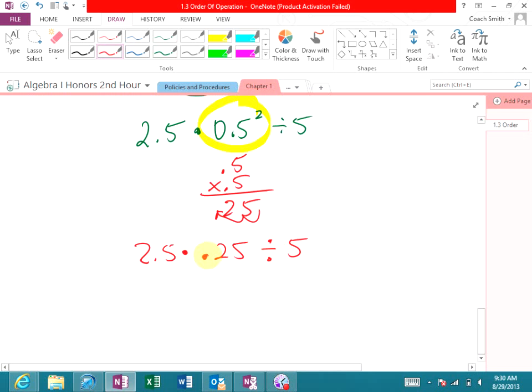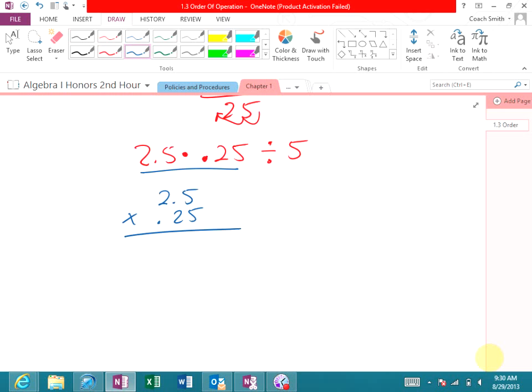Now, what we have to do next is the 2.5 times 0.25. So, that is this. 2.5 times 0.25, that's 5, carry my 2, 12, bring down my 0, 0, 5.